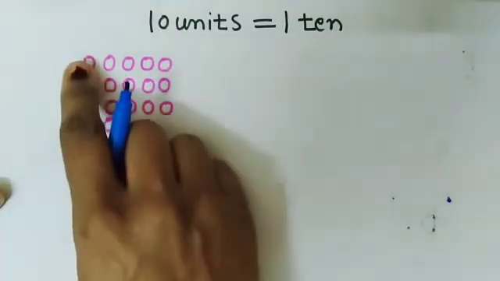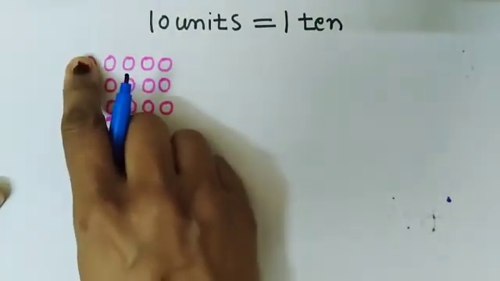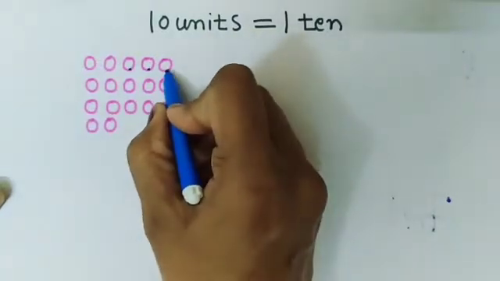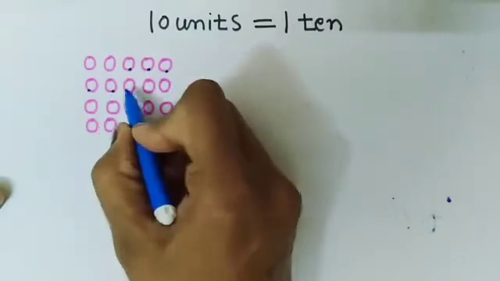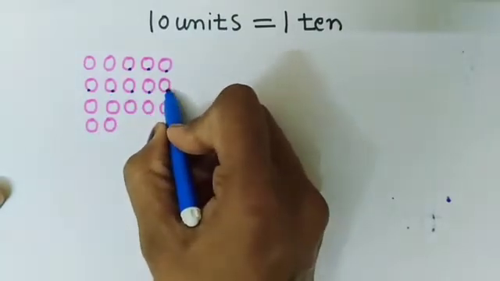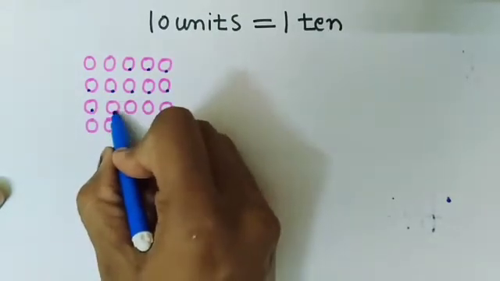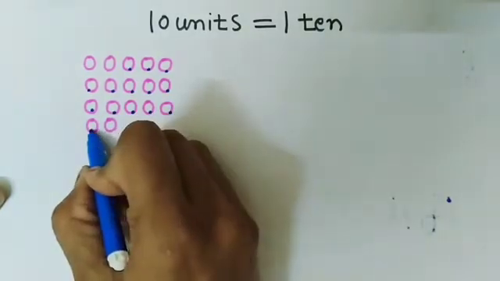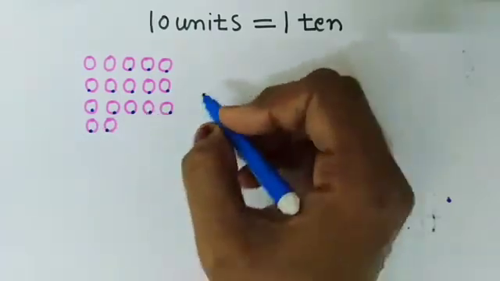Let's count one by one. 1, 2, 3, 4, 5, 6, 7, 8, 9, 10, 11, 12, 13, 14, 15, 16, 17.